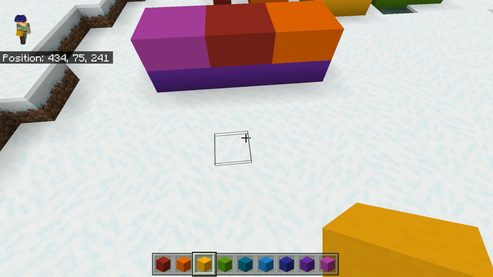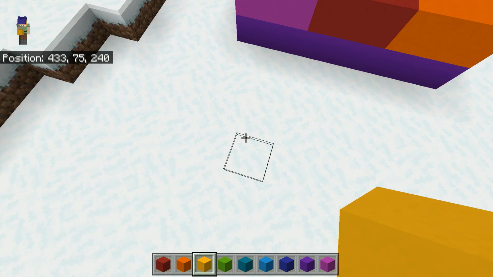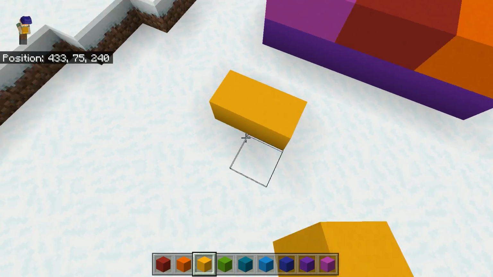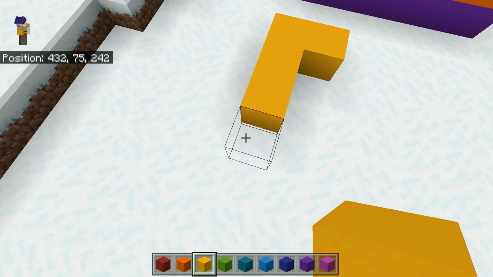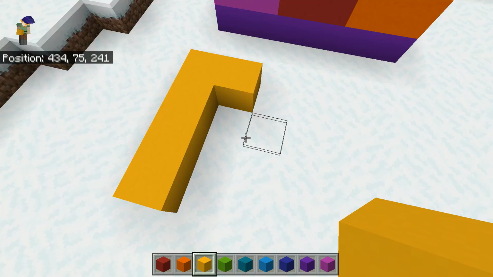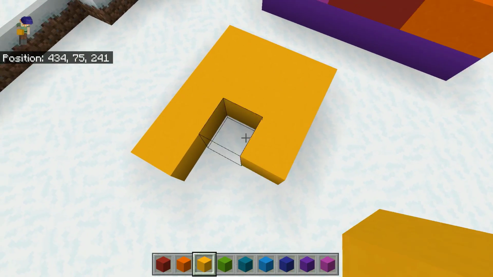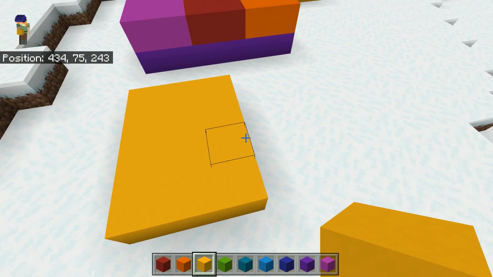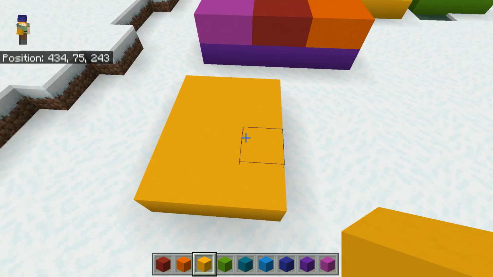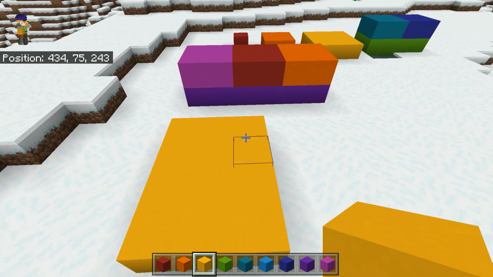I want to try doing it the other way, because there's more than one way to represent this. Another way, not the only way, to represent 12 is 4 by 3.